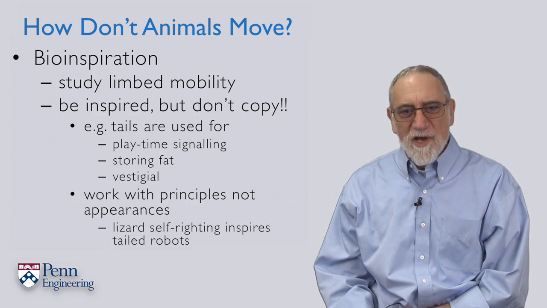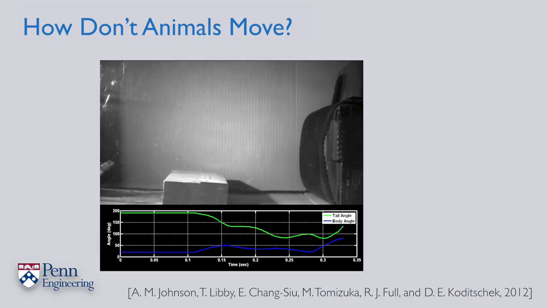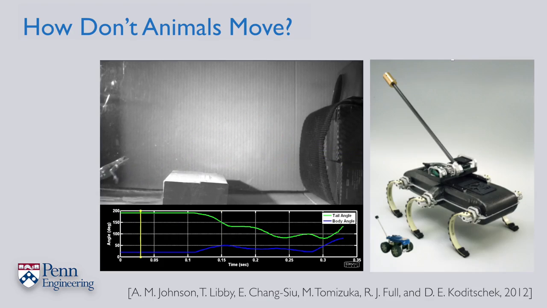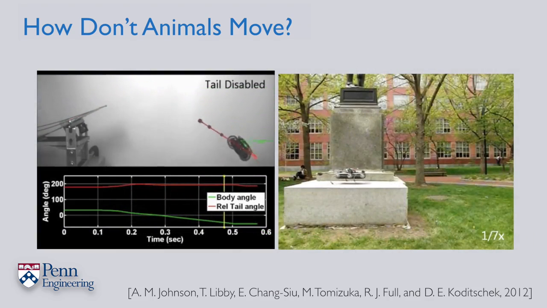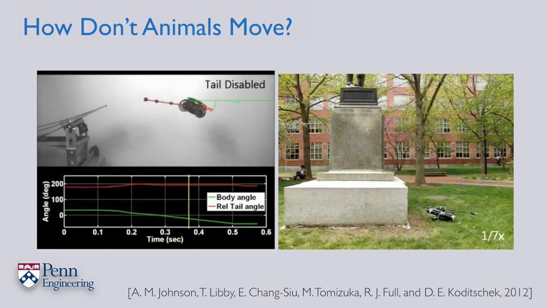We have spent a lot of time talking with Bob Full and his students about how the lizards use their tails to right themselves in situations of crisis or imbalance. And we've spent a number of years working together with him and his students to build tailed robots that don't look anything like those lizards, but have tails that function a little bit like the lizards in their self-righting ability, as seen by this little robot car on the left hand, and seen by our Rex robot running across the pedestal of Ben Franklin and righting itself with its tail when it falls off the cliff.